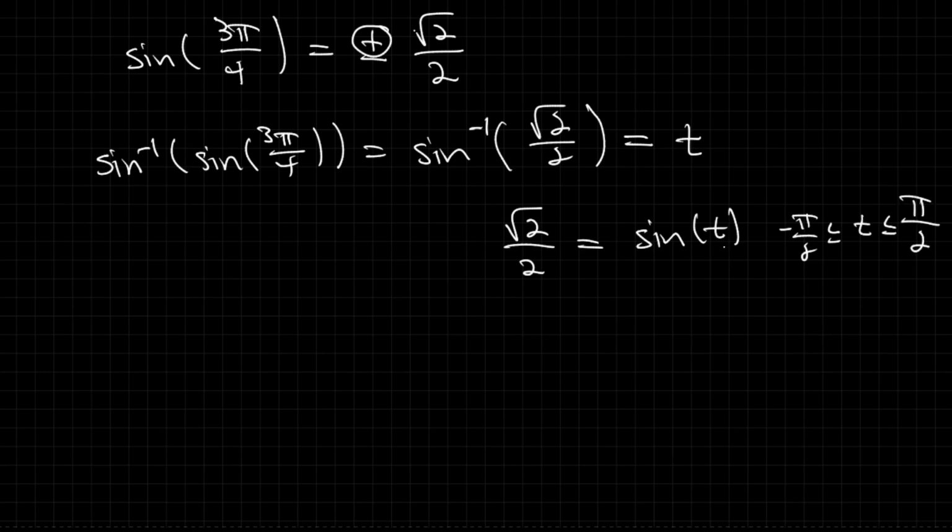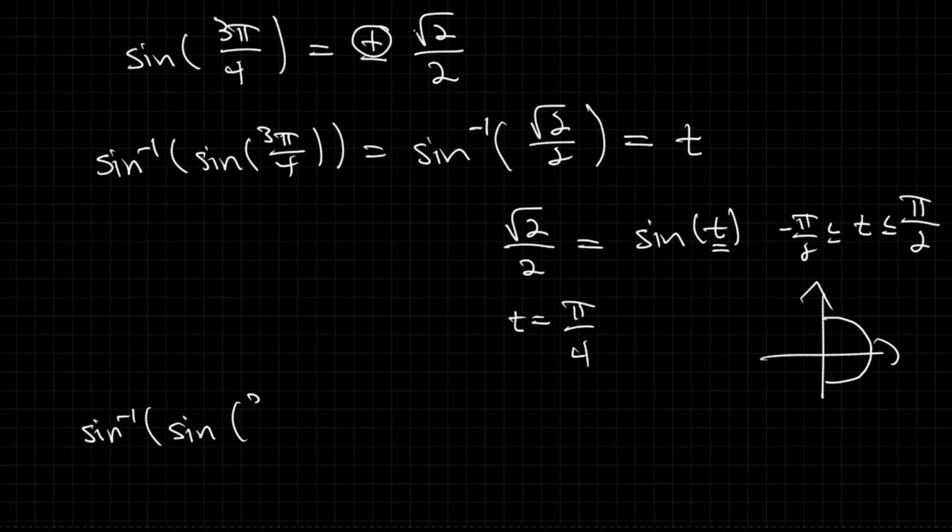So I think to myself, what value of t on the right half of the unit circle gives me sine of t is root 2 over 2? Well, the answer is that t is pi over 4. And so sine inverse of sine of 3 pi over 4 actually has an output. It's pi over 4.